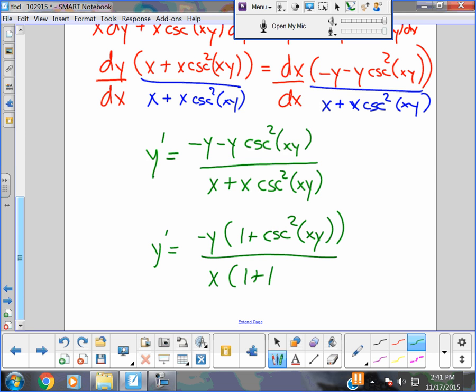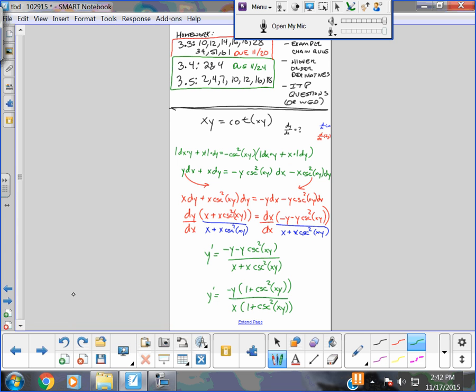Factor out the x. And look what happens, guys. We have a common factor. So, again, if I bring up the whole thing, we can cancel that out. And we can do the chain rule. Or the chain rule, I'm sorry, implicit differentiation. It had chain rule and it had a product rule.